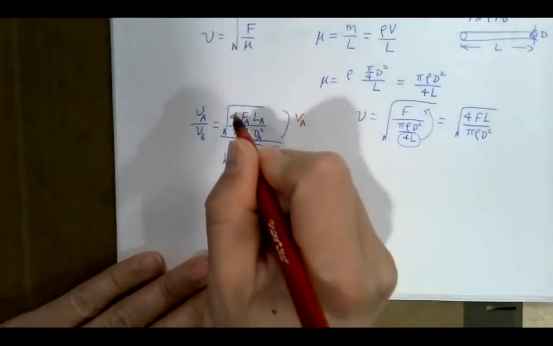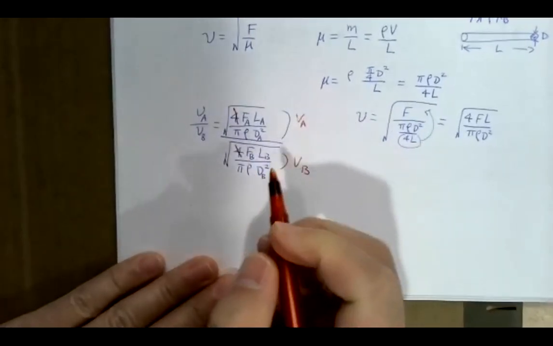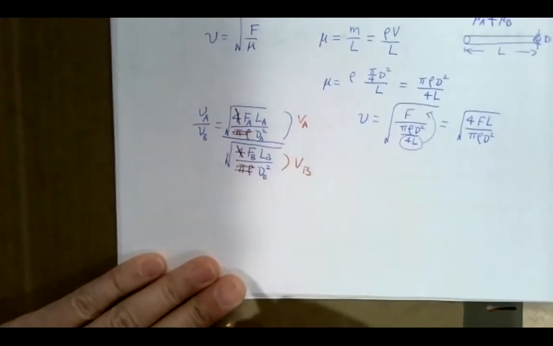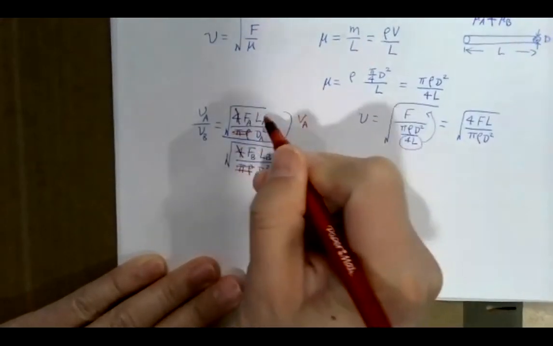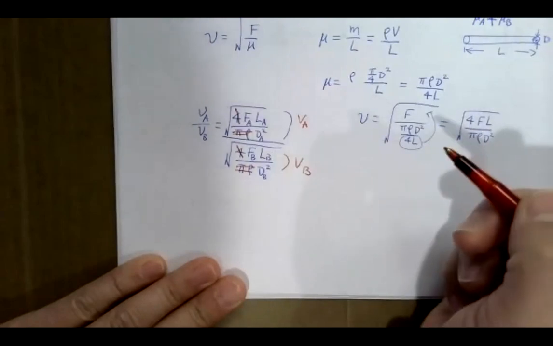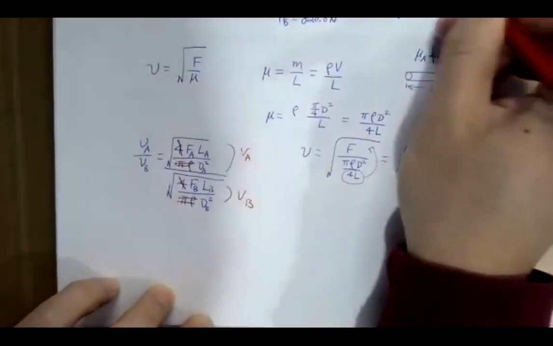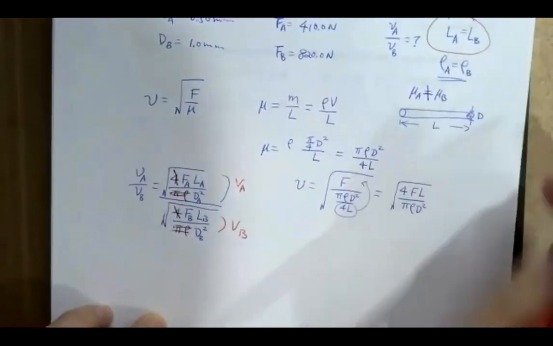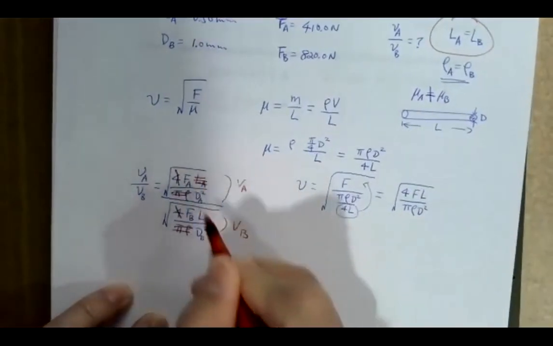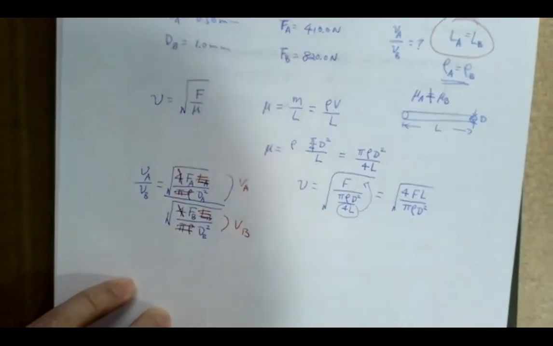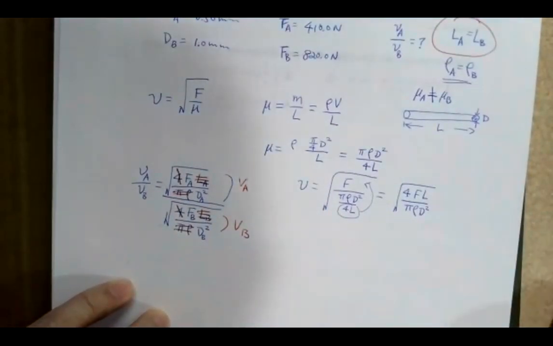Now you can see 4 and 4 will cancel out, right? Pi and rho will cancel out with pi and rho. Now LA and LB are the same length, right? It tells you they are the same length. LA equals LB, so this would cancel out this guy. You can see a lot of cancellation there.